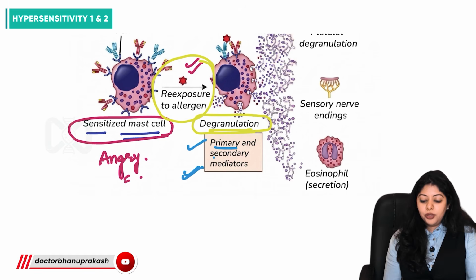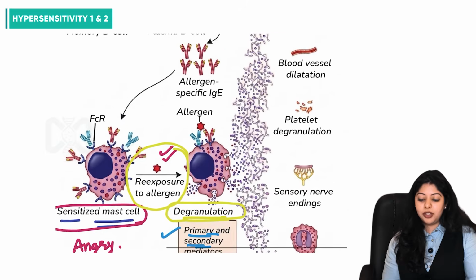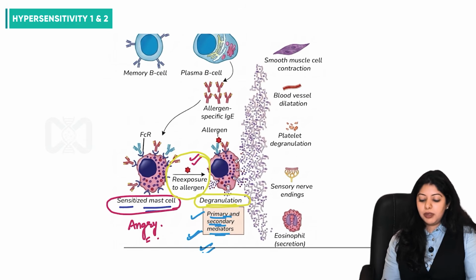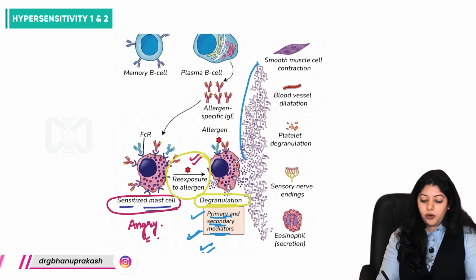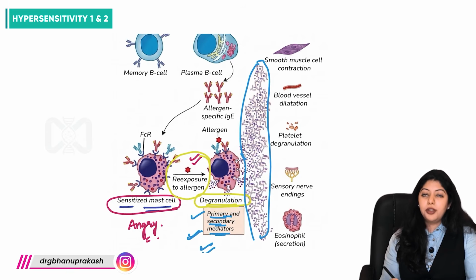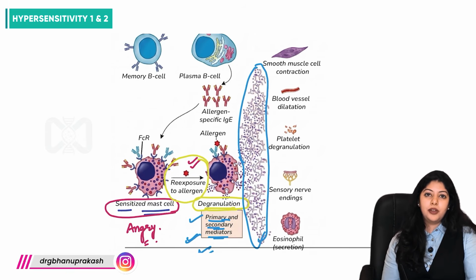This leads to the degranulation of mast cells, leading to the release of primary as well as secondary mediators. So these mediators are released. The degranulation has already happened from the mast cell, right?